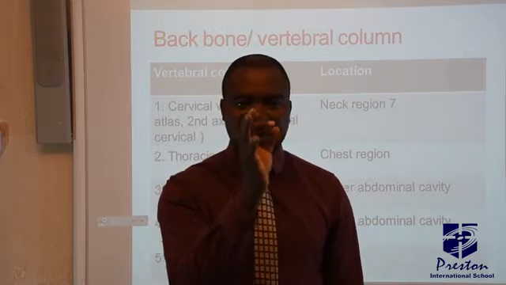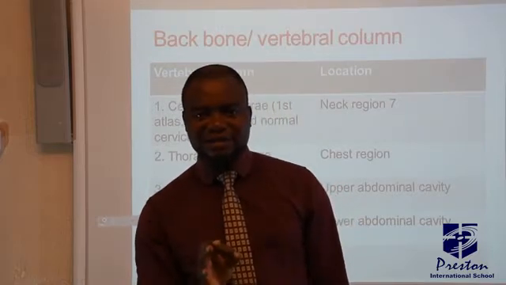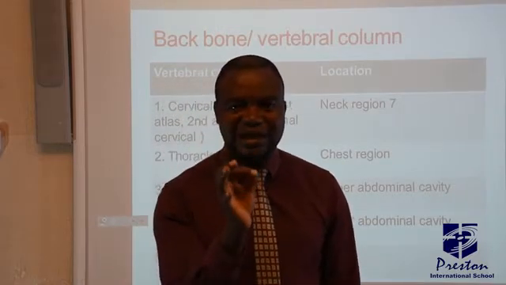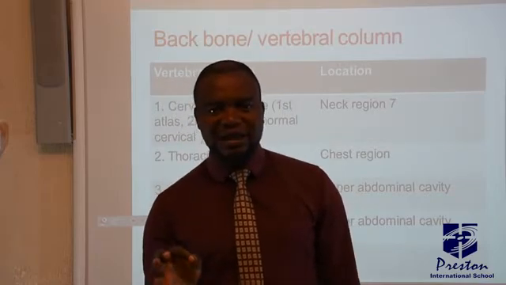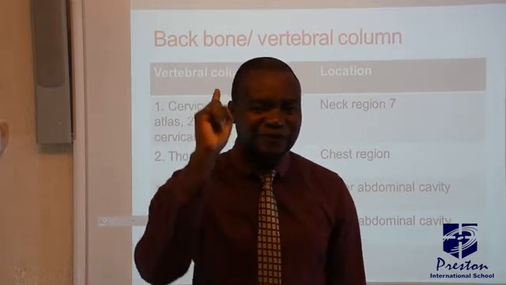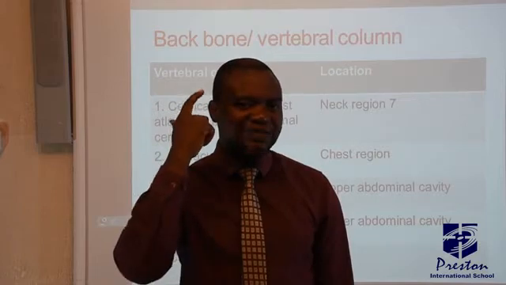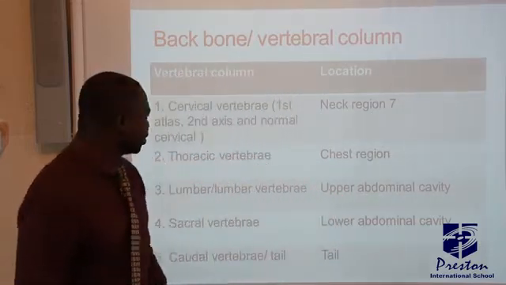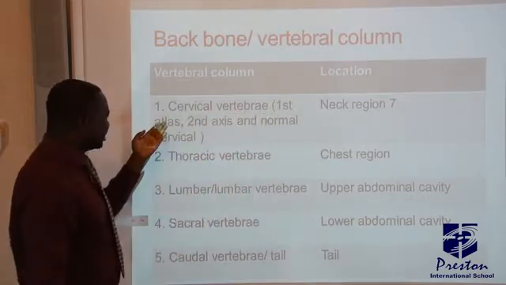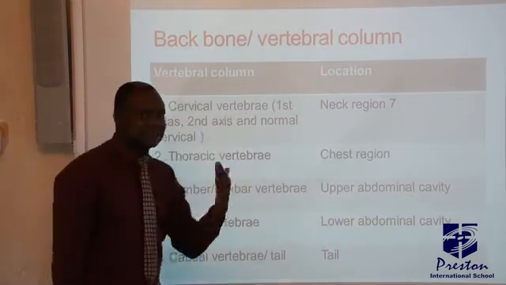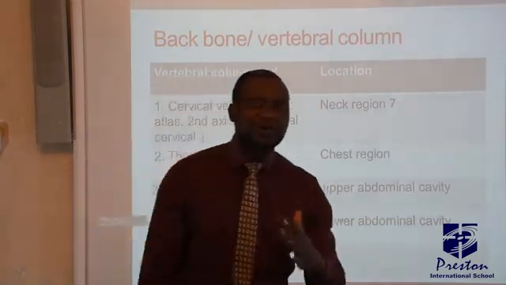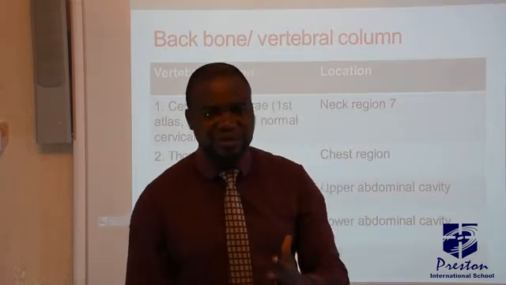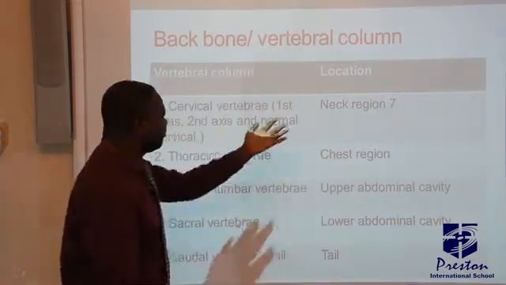A for atlas, A for axis. The next letter will be T for atlas, X for axis. In that way, you will know that atlas is the first bone next to our skull, and following that, the second position is the axis. Okay? So we have the first atlas, second axis, and the remaining five we call normal cervical vertebrae. So they are found in the neck region.